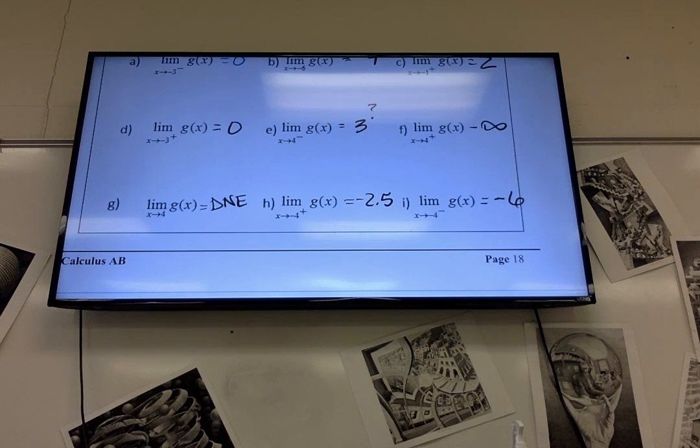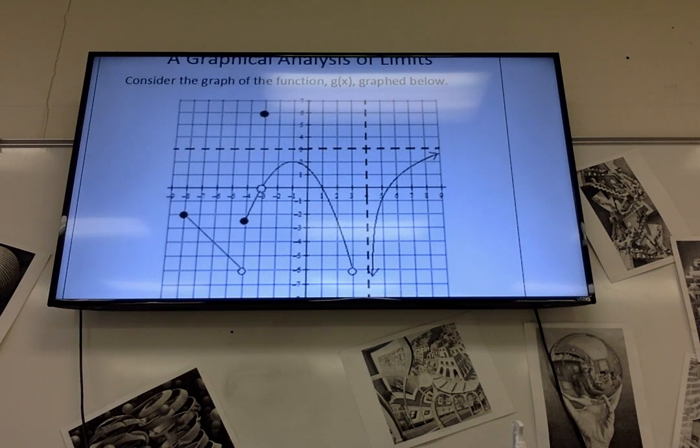Okay, so let's go back to E. Limit as x approaches 4 from the left. So 4 is here. No, that's -4. Just kidding. +4. As I approach it from the left, okay.